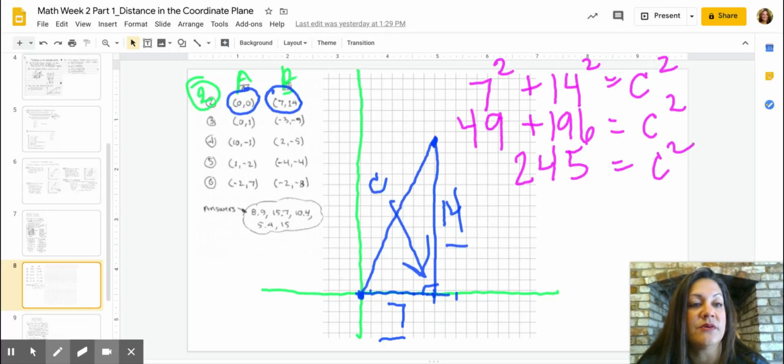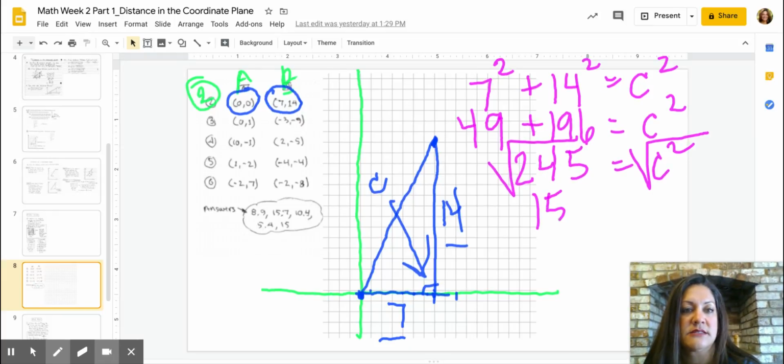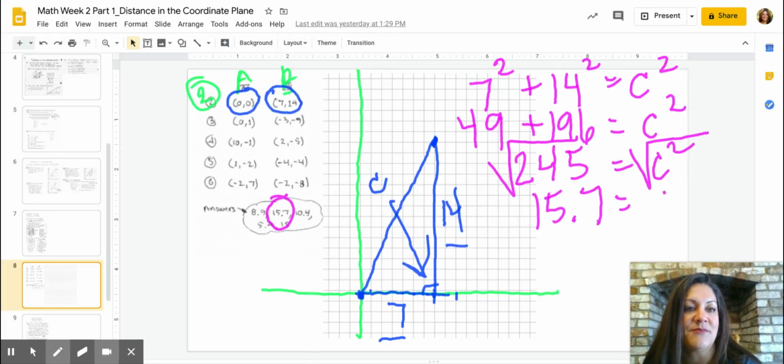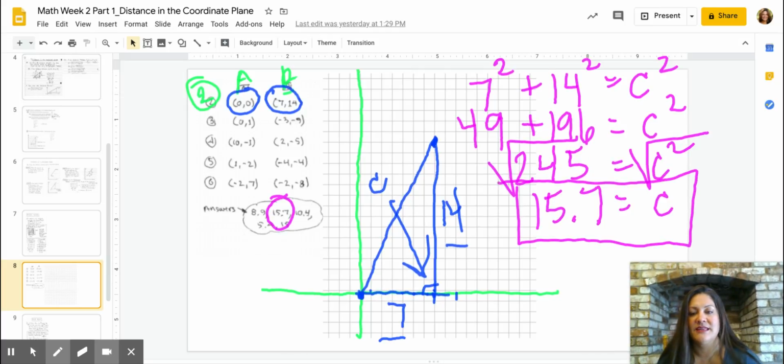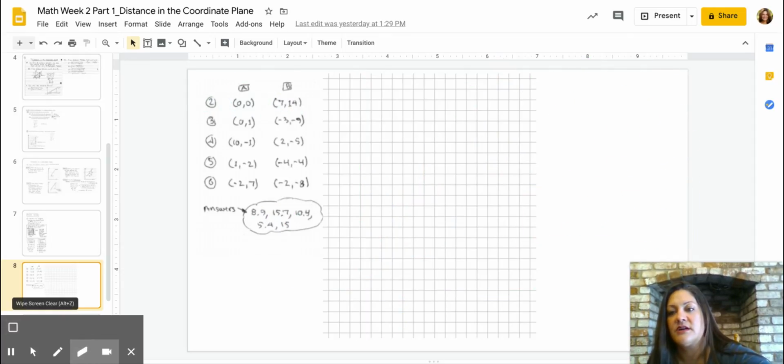Find the square root of both sides. 15.6. Oh, and 15.65 is what I have, and I see on our answer key, it rounded up to 15.7. Okay. That was 2. Here we go.